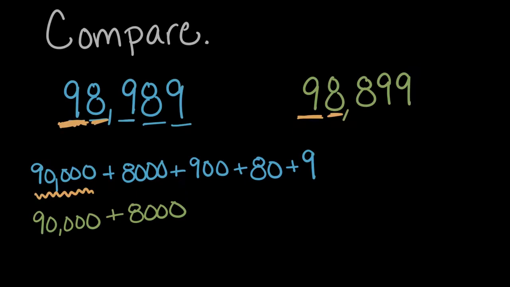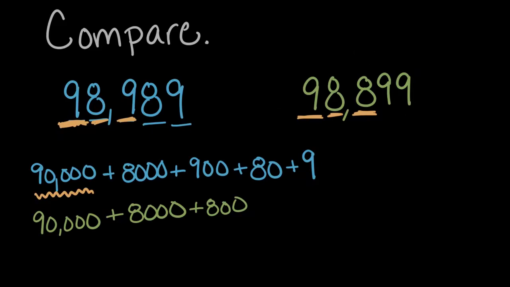So we're going to keep going, and again, we're going to pick the next largest place value, which is the hundreds. In our first number on the left, we have 900s, but on the right, we have 800s. So 800s is less than 900s, so this number on the right is less than the number on the left.